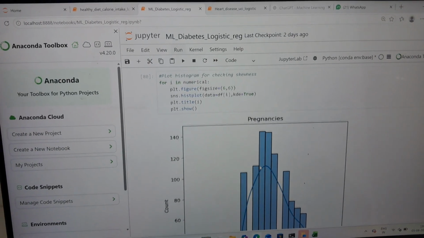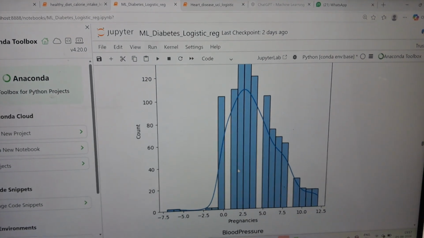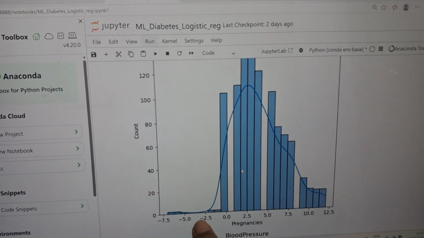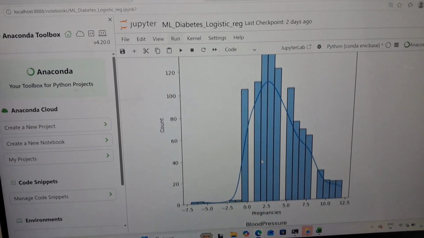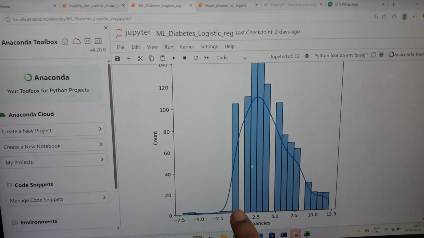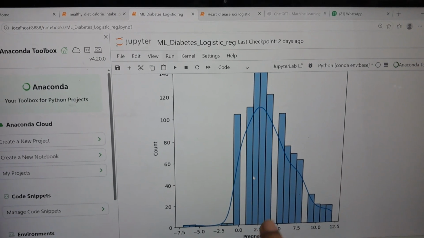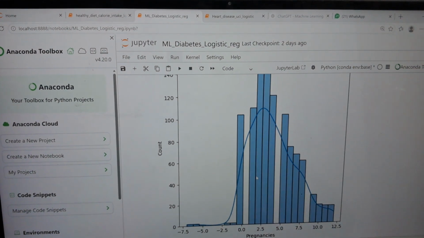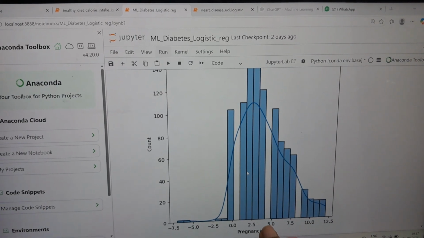Okay. And based on this histoplot, I can identify the distribution, like 0 to 2.5 pregnancies. So maximum ladies were there who got pregnant 0 to 2.5 times. And there were many ladies who got pregnant 2.5 to 5 times.